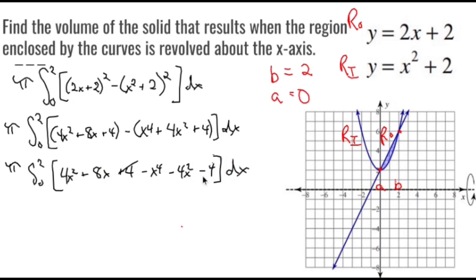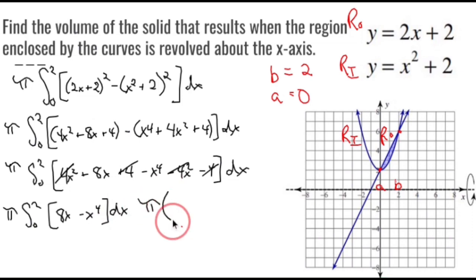So the 4x squared terms cancel out, and the 4s cancel out. I'm left with 8x and negative x to the 4th. So I have the integral between 0 and 2 of 8x minus x to the 4th dx. Once I integrate, that pi is just going to live right out there.